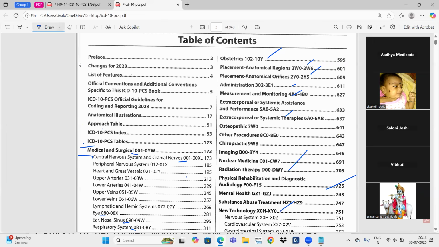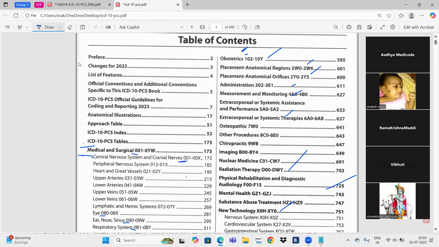Obstetric related procedures start with which character? Obstetrics is 1. Only the first character is the section, so we only need to tell the first character, 1.